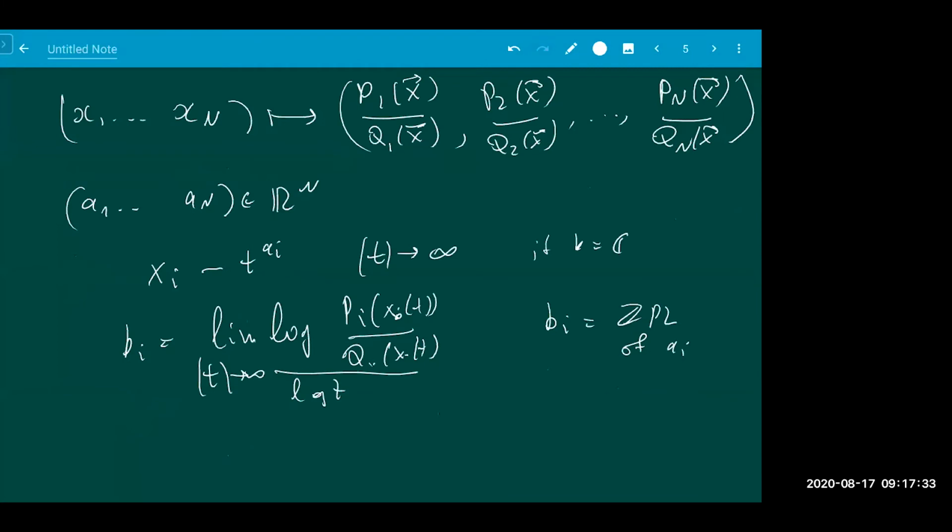Okay, so we have a map from the a's to the b's, which is a PL map.